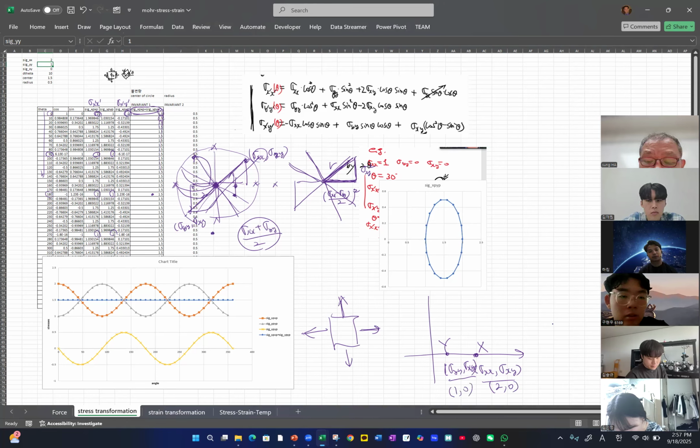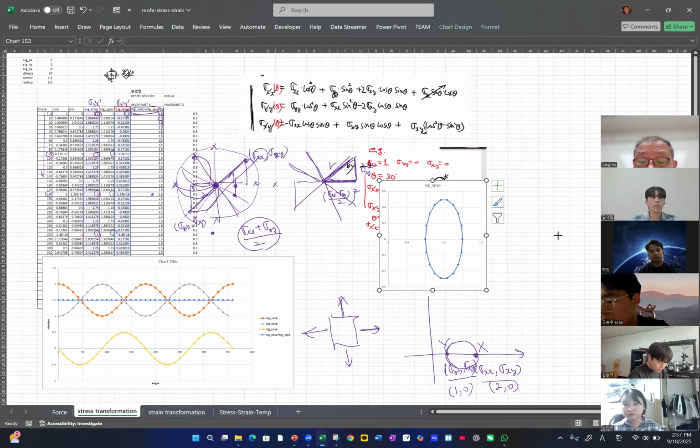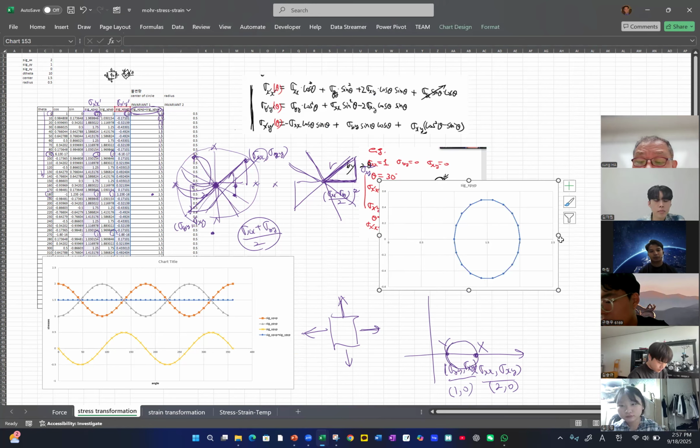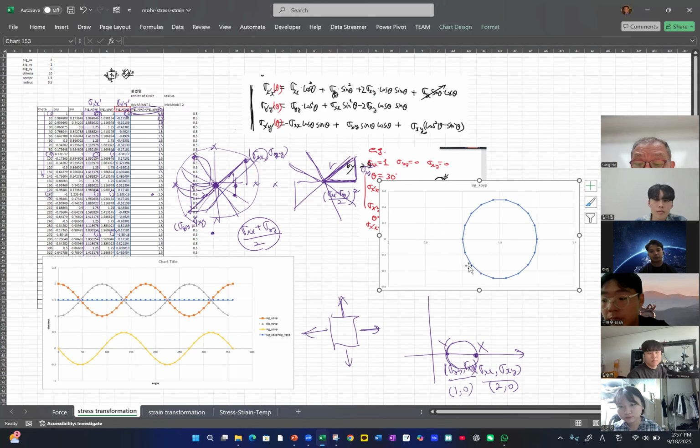You can select it easily. And then the next step will be to make the circle like that. So that's exactly the plot we have like this. See, this is the 1, 0, and this is 2, 0.